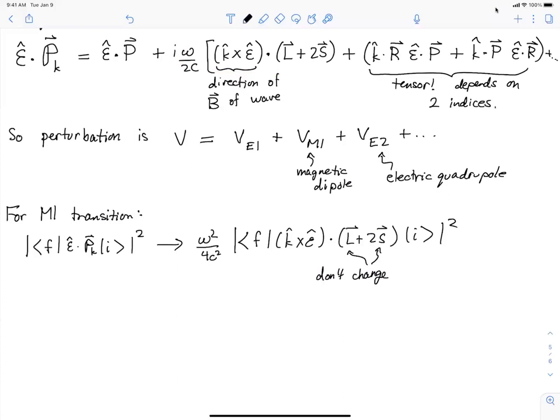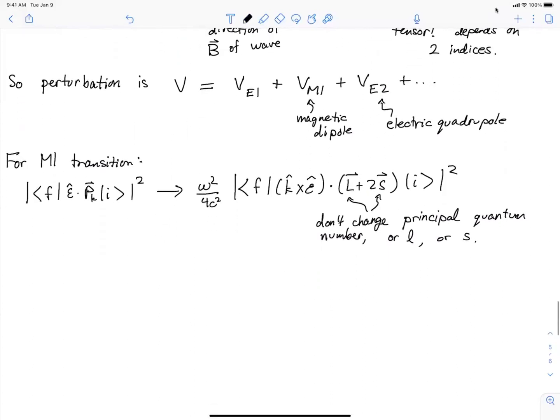They not only don't change L and S, they don't change the principal quantum number either, the thing associated with radial excitations of the electronic state if it's in an atom. So they don't change the principal quantum number or the total orbital angular momentum or the total S. They can and do change M sub L and M sub S.